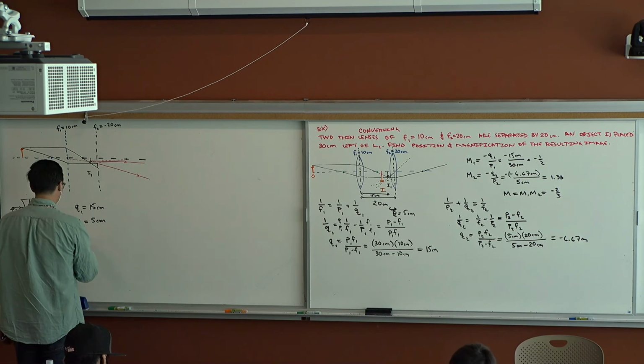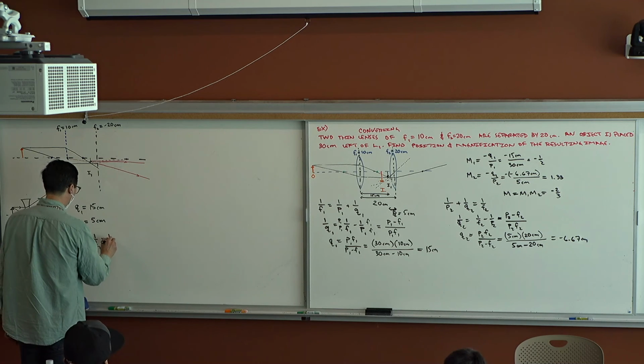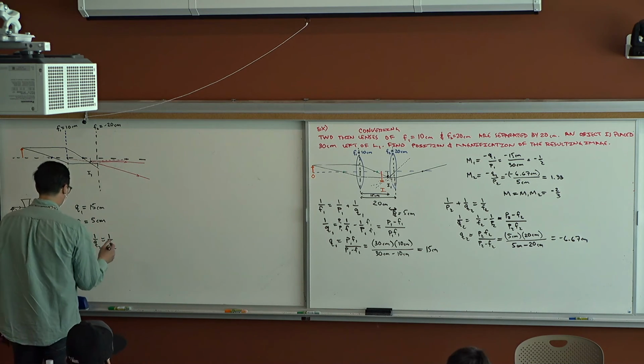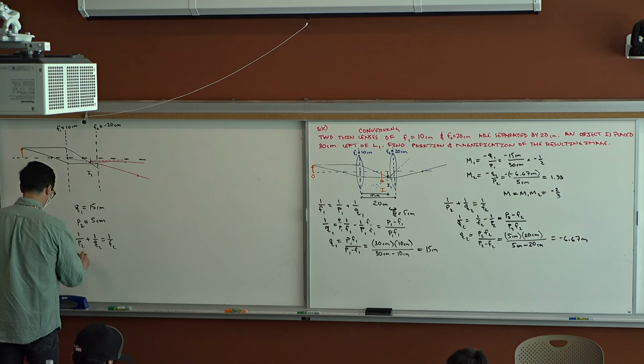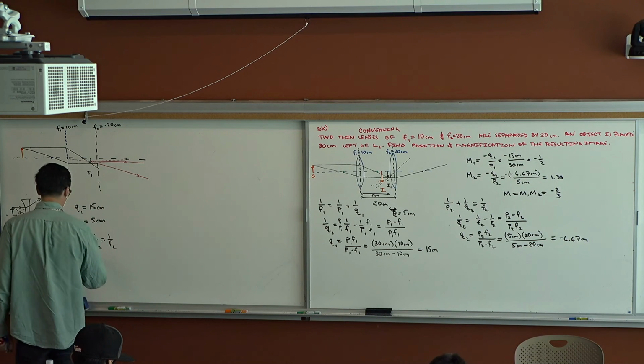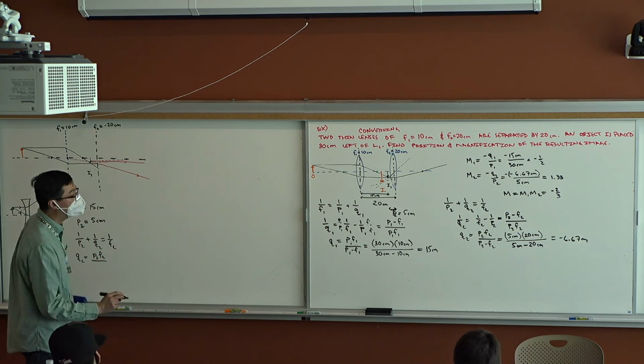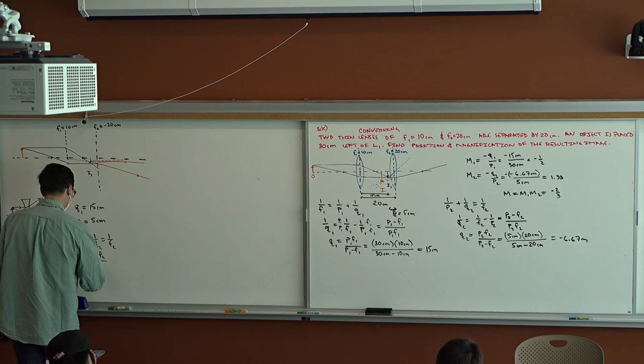And so we can say that 1 over P2 plus 1 over Q2 is 1 over F2. This told us Q2 is going to be P2 F2 over P2 minus F2.